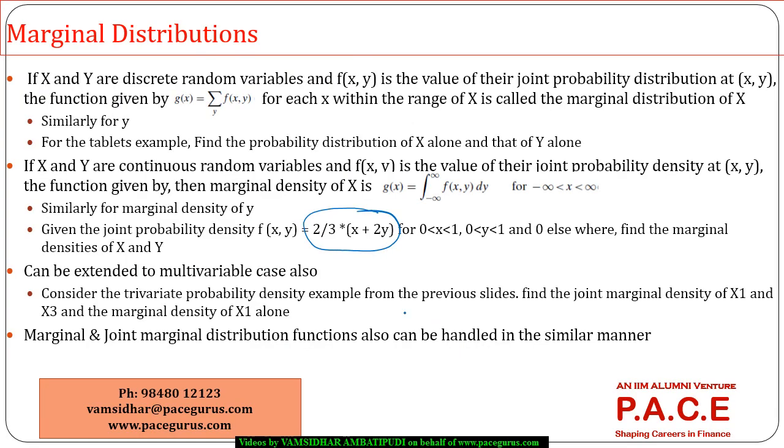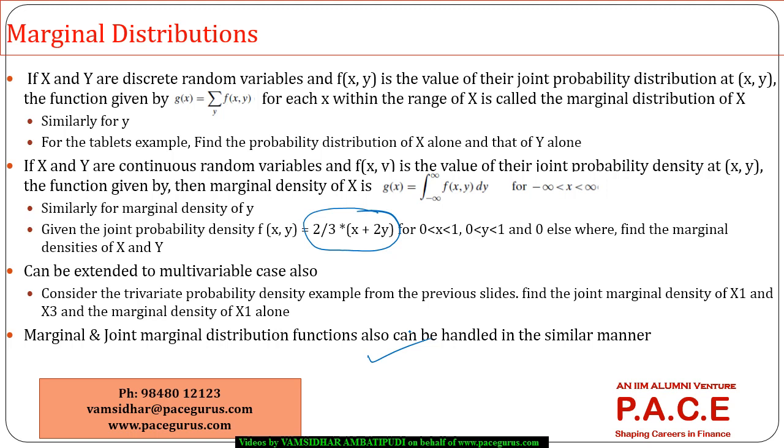If you have to compute marginal and joint marginal distribution functions, it is a more or less similar process. One clarity: for the marginal distribution function, I simply integrate across all values of y, but for x I integrate only from 0 to that particular x value. So marginal distribution functions are handled in a similar manner. I hope you are getting the comfort level in handling them.